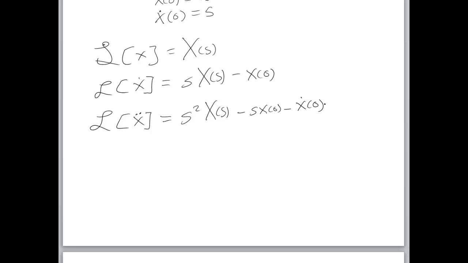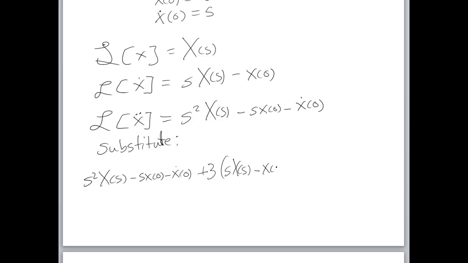So now we have the Laplace transform of each one of the terms in our differential equation. So now we can substitute these in. So by making the substitution, now we have s squared x of s minus s x at time 0 minus x dot of 0 plus 3 times s x of s minus x of 0 plus 2x of s equals 0.